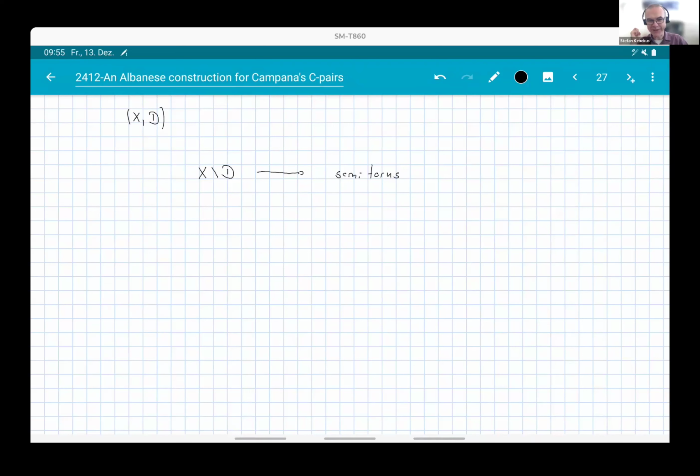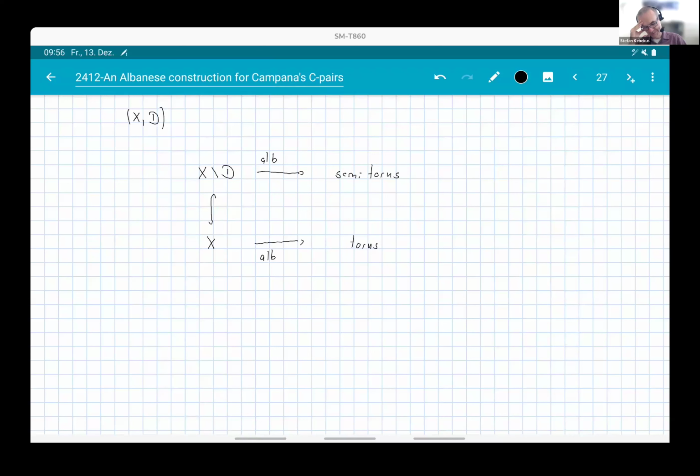Are you happy with this or not? Yes. Okay, this semi-torus: your X minus D is embedded into X, and so this is the Albanese of X minus D. You have the Albanese of X, and this is a torus.